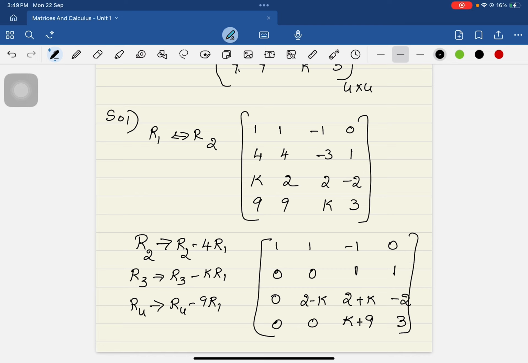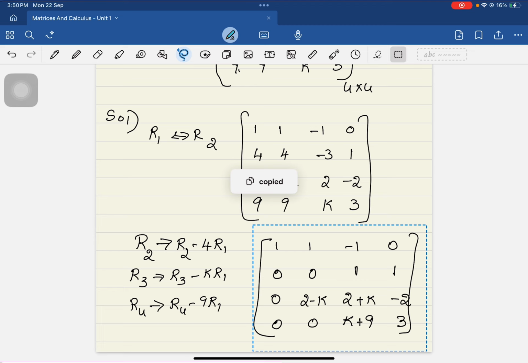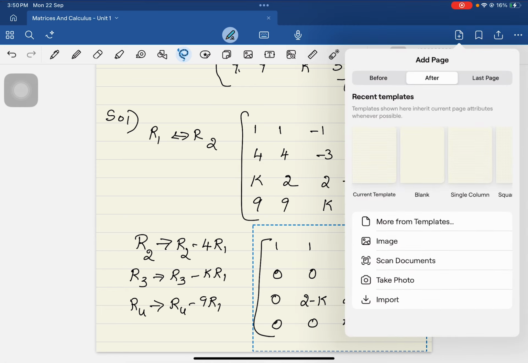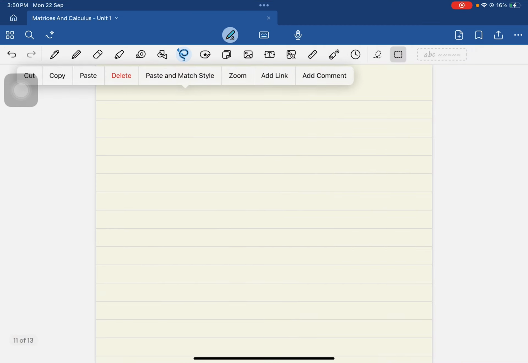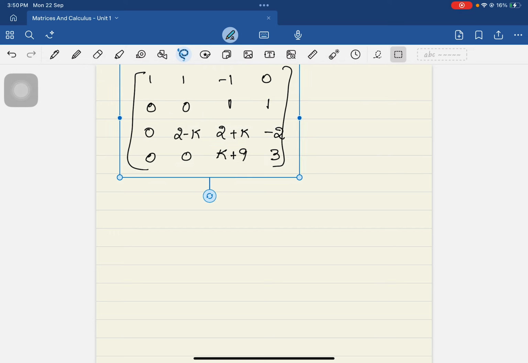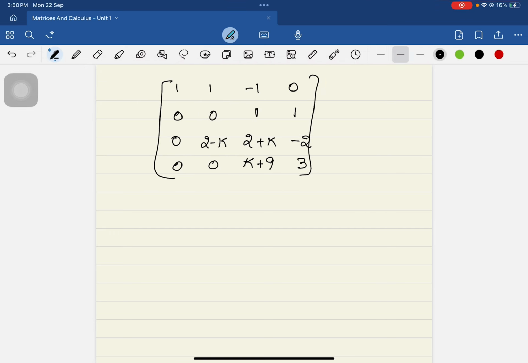Now it is easy for us to find out the determinant of the matrix, correct? So we find out the determinant of the matrix. This is the matrix we got. Now we take this column to find out the determinant.